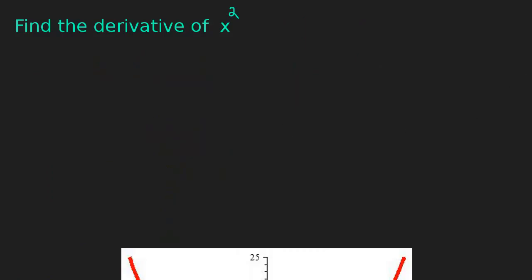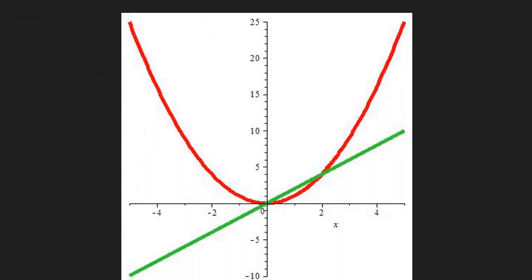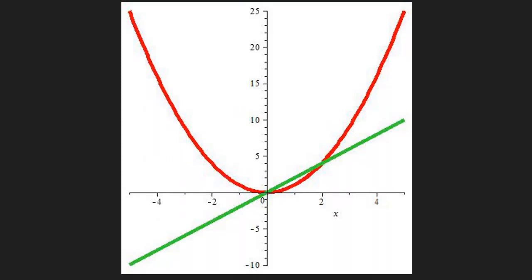So let me show you a picture of what's happening. So here in red is x squared, the original function, and in green is its derivative, 2x.